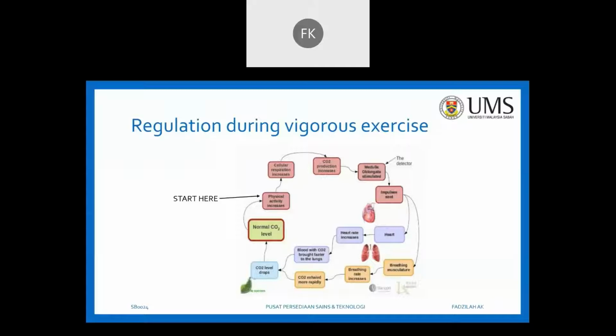When it pumps more blood, the CO2 is brought faster to the lung, and then in the lung it is exhaled out faster. It is more efficient. This happens when you are doing active exercise.